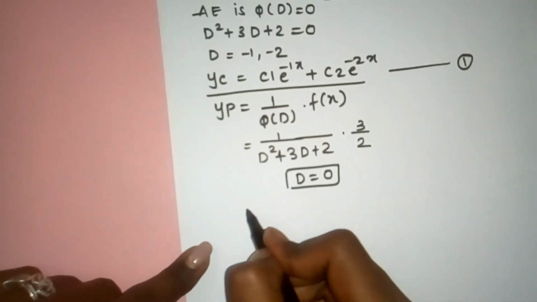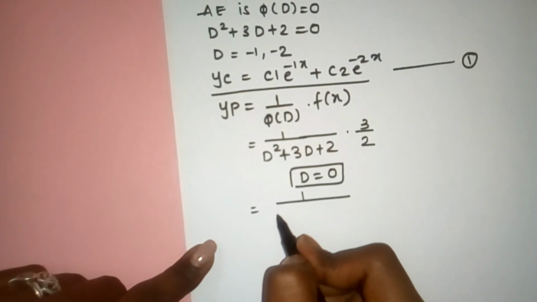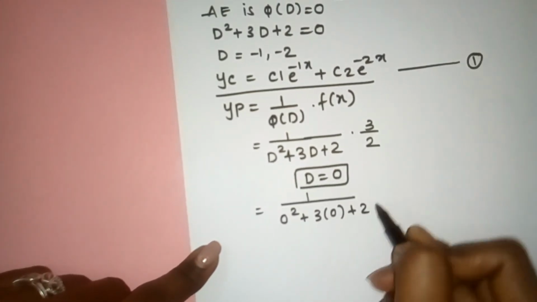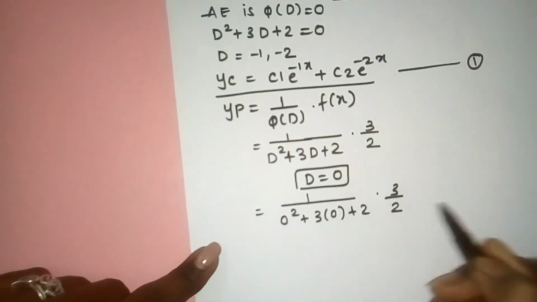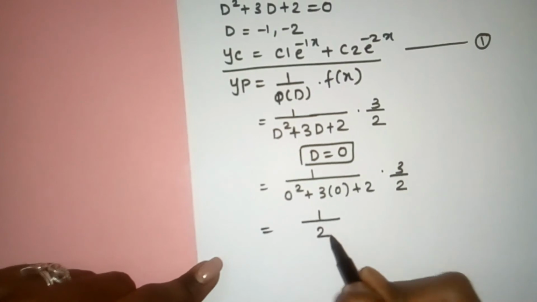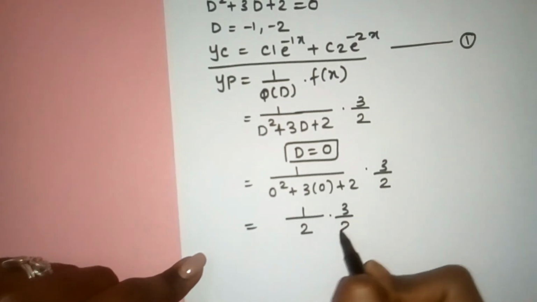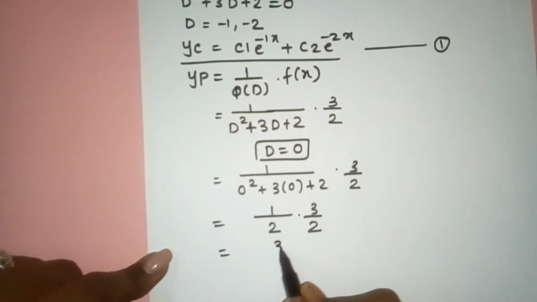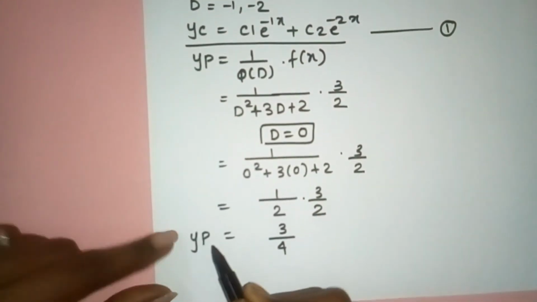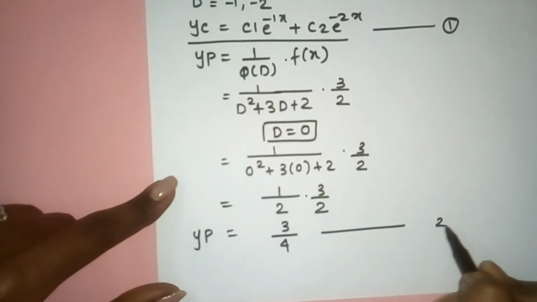So then it is 1 upon 0 square plus 3 into 0 plus 2, into 3 by 2, is equal to 1 upon 2 into 3 by 2. Therefore it is 3 by 4. So yp is equal to 3 by 4, and this is equation 2.